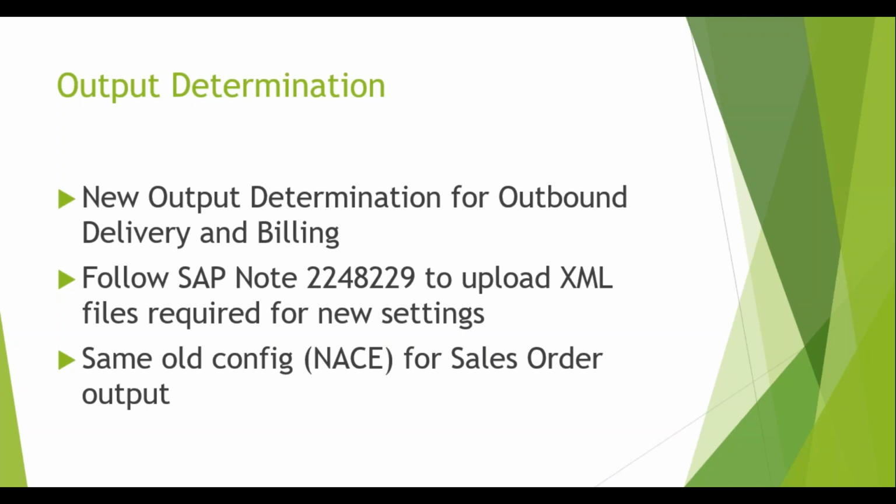If your technical consultant is not aware of how to do that, this is a very important SAP note which has a zip file as an attachment, which consists of 3 XMLs: XML for purchase order, XML for outbound delivery, and XML for billing document. Only after you upload this can you go into OPD and perform the configuration. Otherwise, it will not allow. Same old config for the other objects. For example, for sales order output, you can still use NACE.